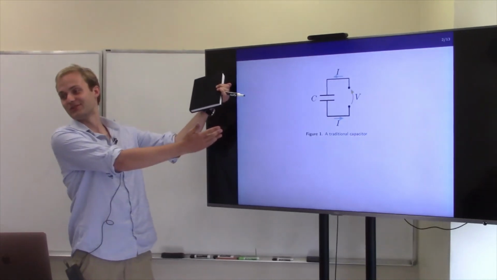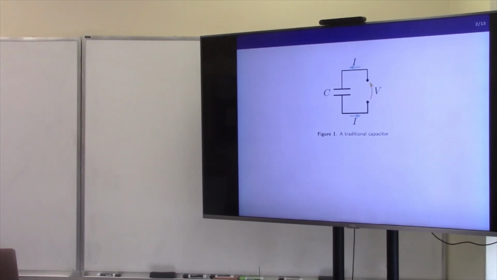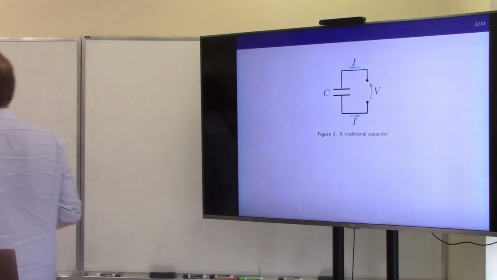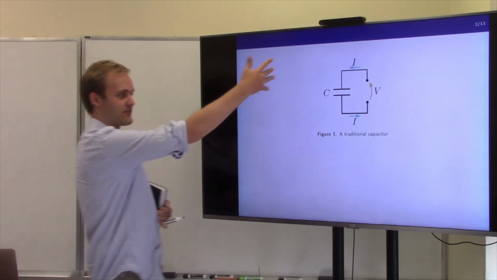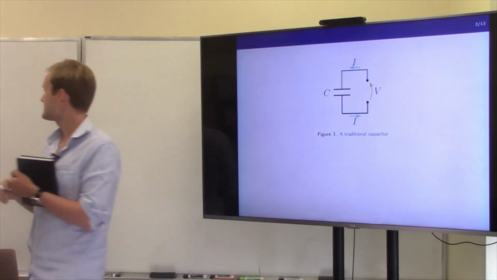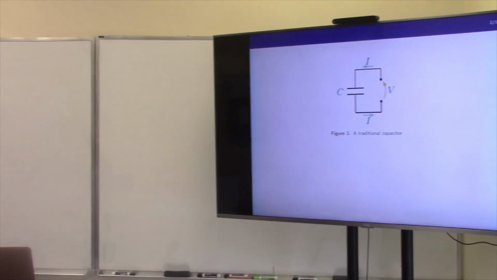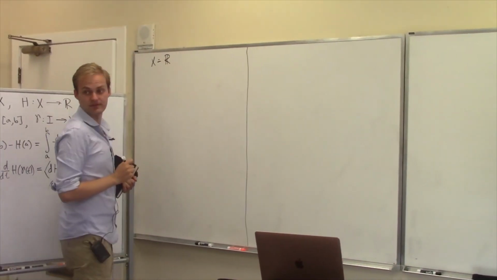A traditional capacitor. So we have a capacitor here. What is the state space of the capacitor? Well, capacitors have charge on them. They have like charge building up on opposite plates. So the state of the capacitor is just the charge. So the state space is x equals the real numbers.